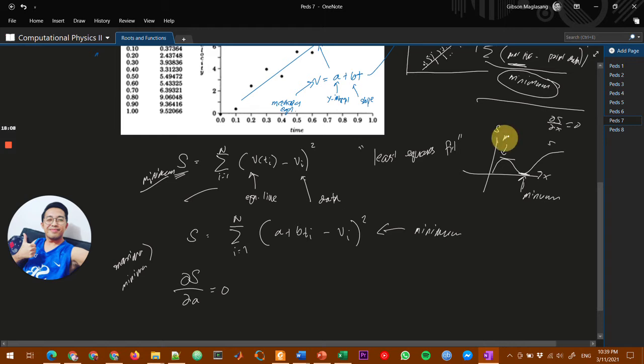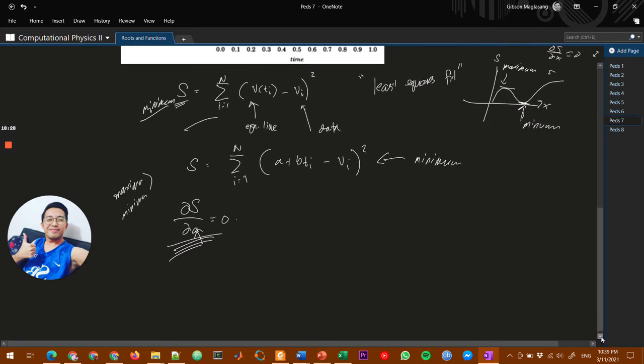And this is maximum. So having this function, we can ensure nga ma-minimize nimo ang s. So ma-determine nimo ang a. So unsa dapat ang a nga this function is 0. So we'll evaluate that one. And also for the other case, b equals 0 because we need to find these constants a and b.